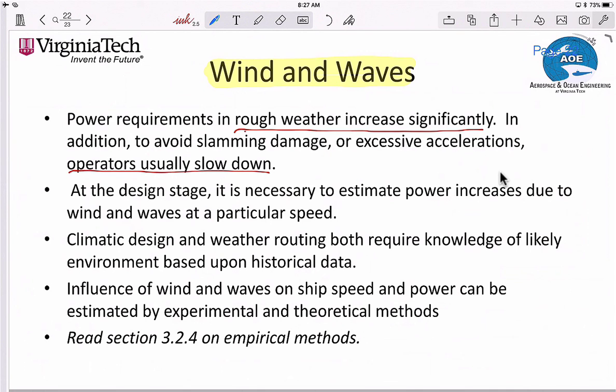And at the design stage, we want to be able to estimate power increases due to rough wind and waves, particularly at full speed. Okay, so we need to know something about the climate that the ship is going to be operated in and where it's going to be. What's the route? Okay, so we have to know that so that we can estimate the increases in resistance, and you have to look at historical data.